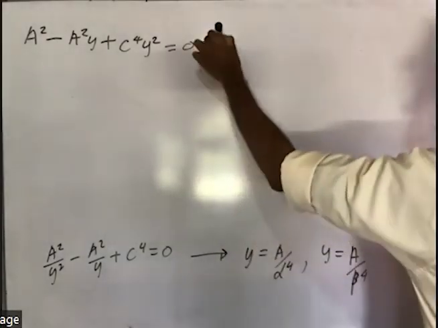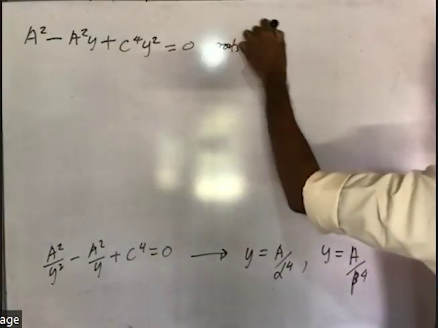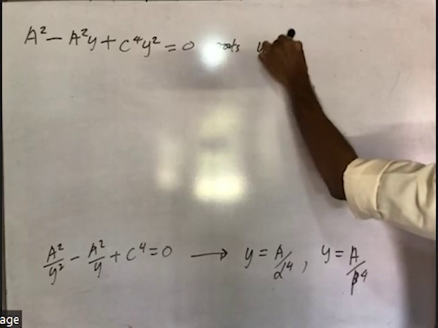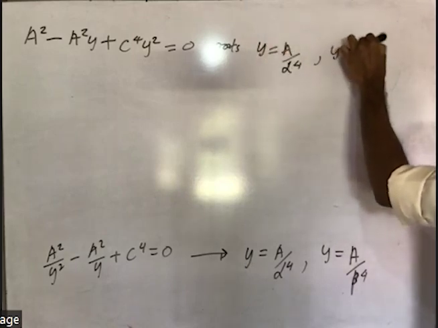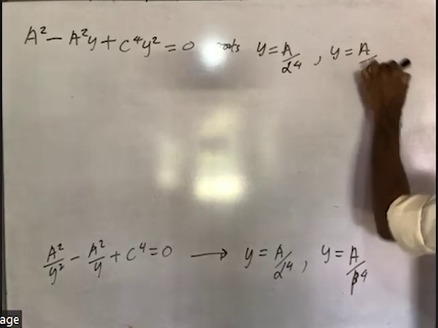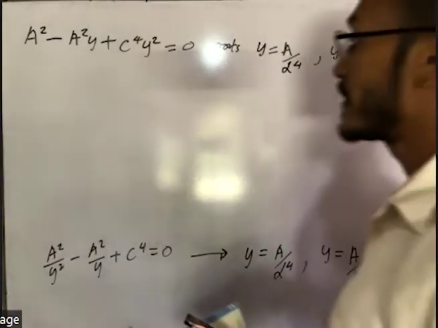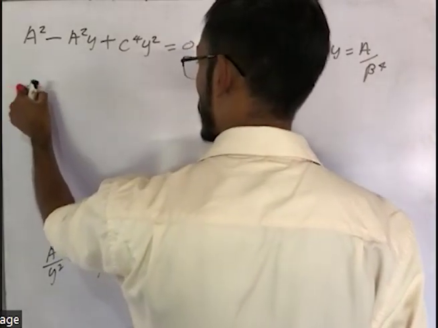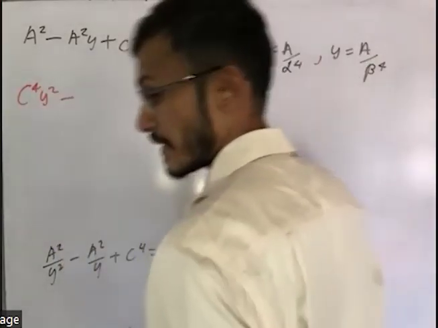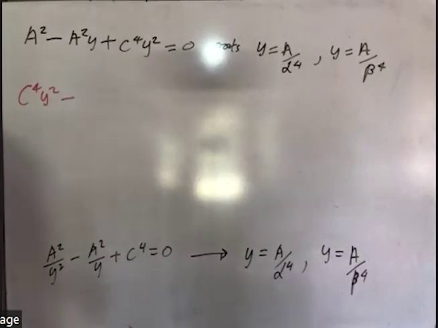Right. So the roots are y equal to a over alpha to the power 4, y equal to a over beta to the power 4. Right. So we know that c to the power 4 y square minus, we know that value of a, right?